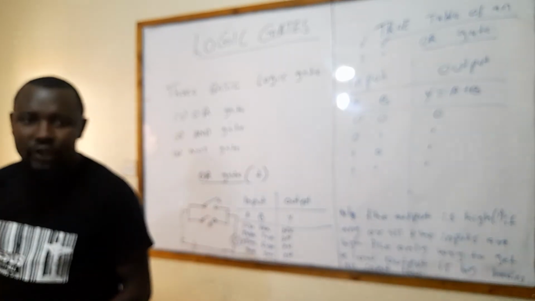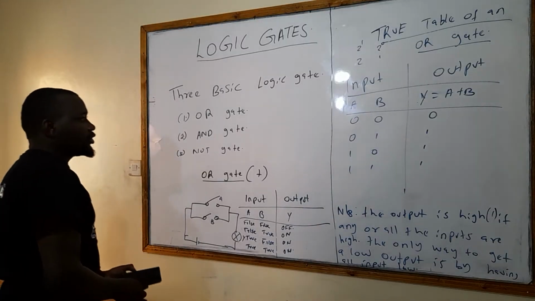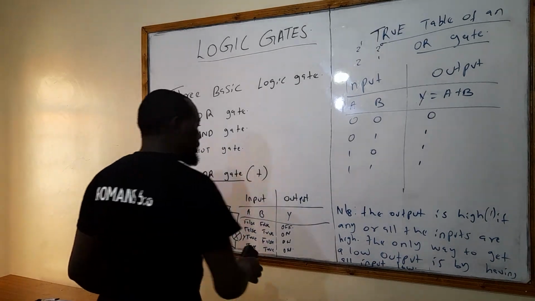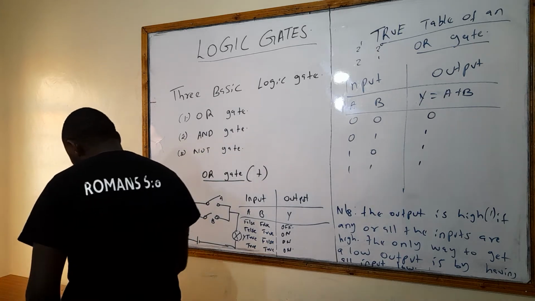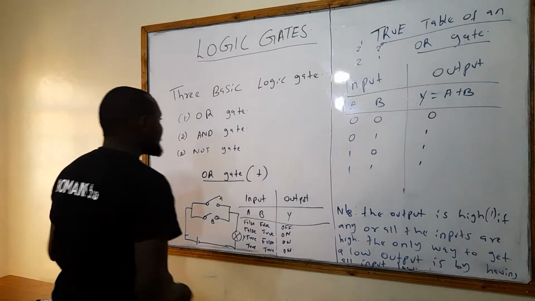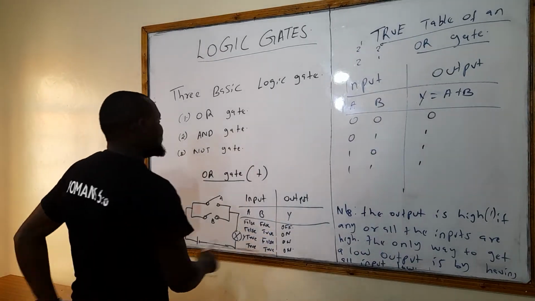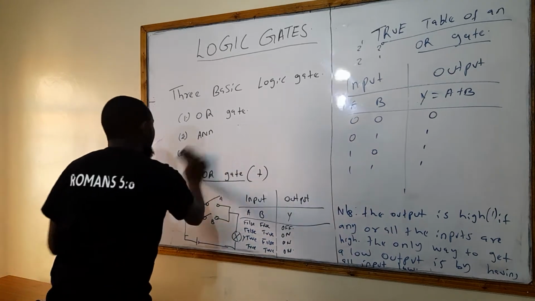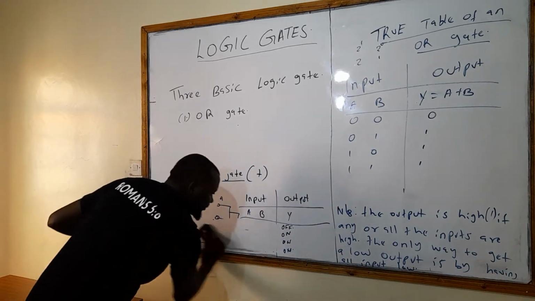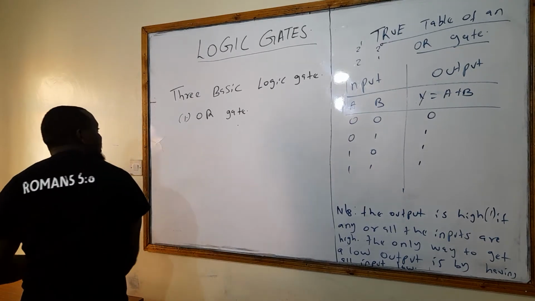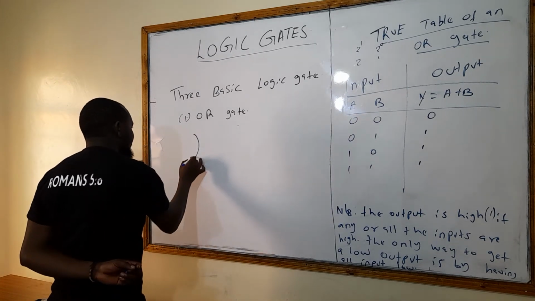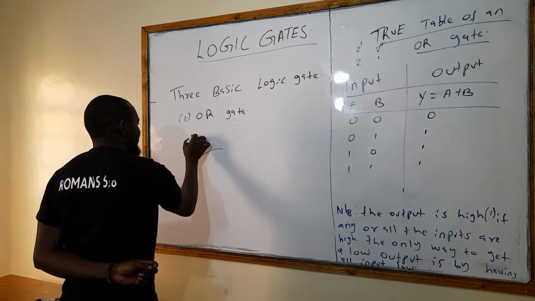Let's continue discussing an AND gate. No. Before the AND gate, let's draw the symbol of an OR gate. So this is the symbol of an OR gate, just like this.